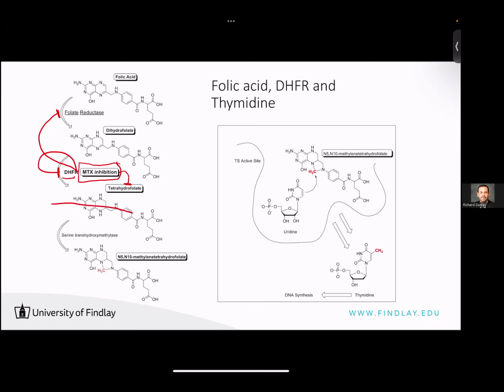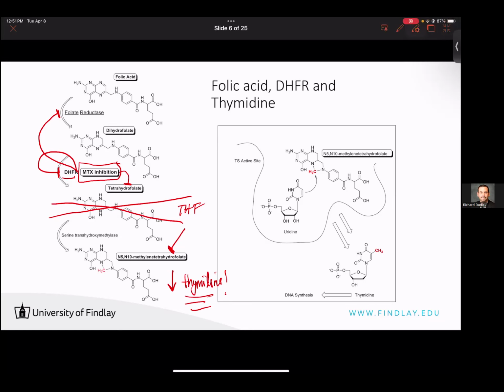We remove this intermediate from the equation. If we don't make tetrahydrofolate, we don't make N5N10 methylene tetrahydrofolate. And if we don't make N5N10 methylene tetrahydrofolate, we don't make thymidine. Okay?